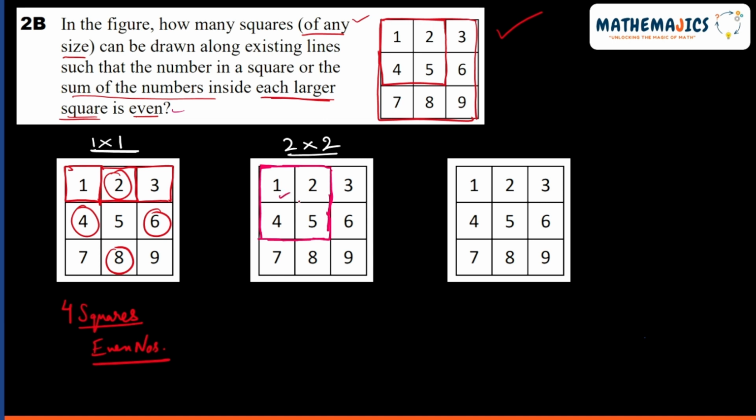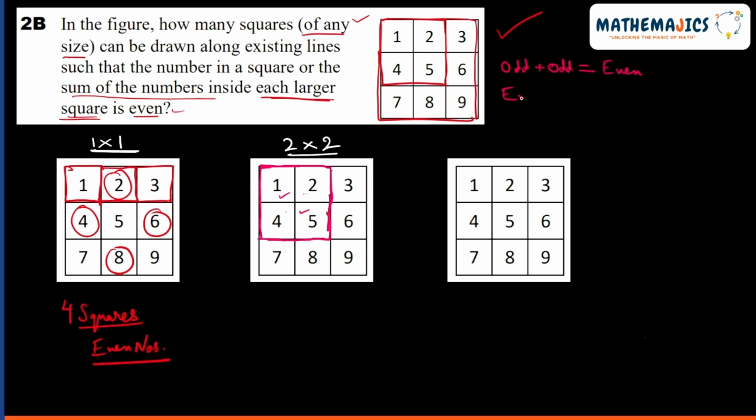See, we have two odd numbers. If we add them, we will get an even number. And there are two even numbers. So if we add all these numbers, see, I'll write it here. Odd plus odd gives us an even number. Yes.